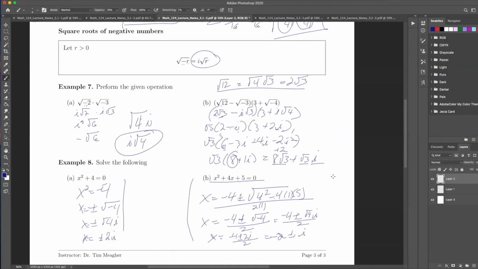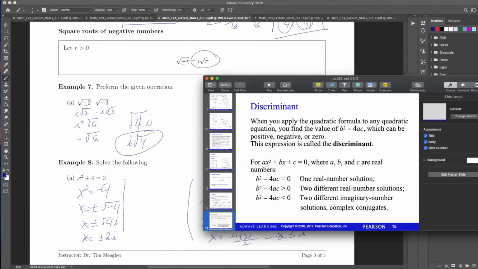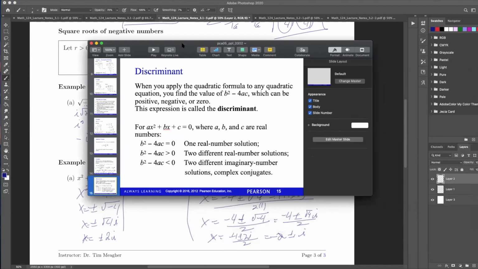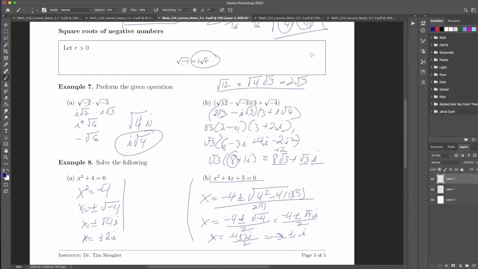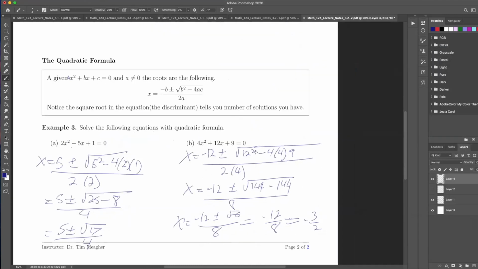We had -4. And in that case, we had two different imaginary answers, and they were complex conjugates of each other, right? Notice here that one's 2 plus i, the other one's 2 minus i, and so they're conjugates of each other. And then I did this last one on purpose to be 0.